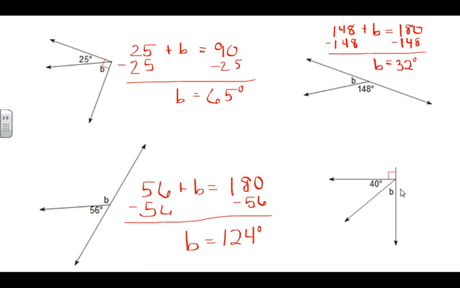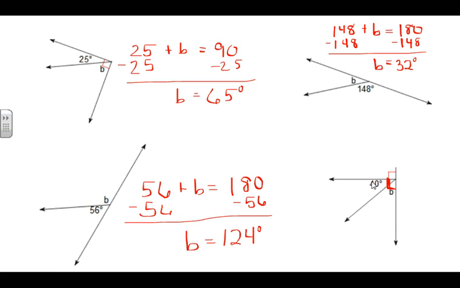Okay, finally, this angle right here is interesting. All right, we can see that we have a ray, and then we've got two rays coming off of it. This is a 90-degree marking right here. That means that these two angles put together have to also be 90 degrees, because all three of these angles have to add up to 180 degrees.